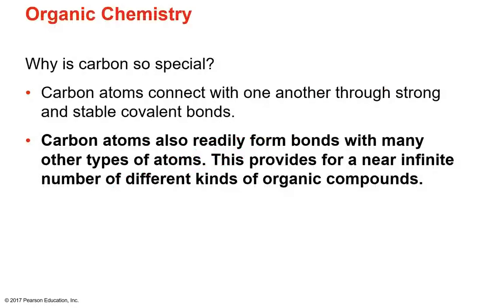So a second thing that makes carbon special, they readily form bonds with lots of different types of atoms. Remember, how do you differentiate between an ionic bond and a covalent bond? Covalent shares, right? So if you co-own something, you're sharing ownership.